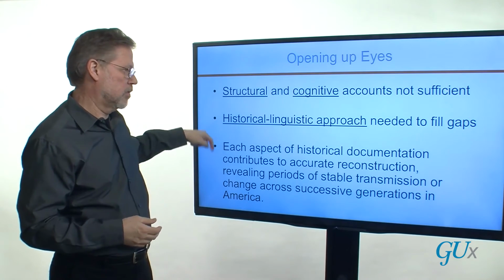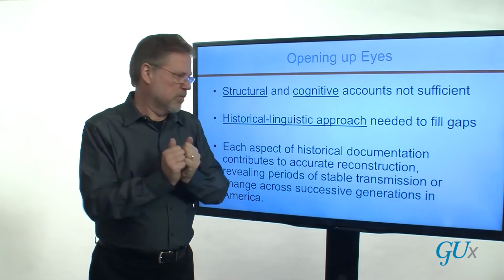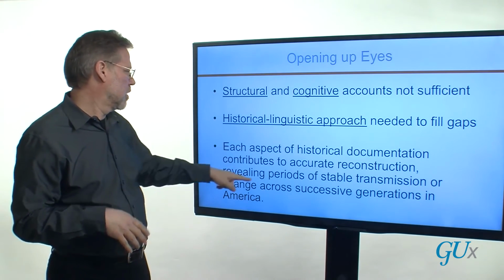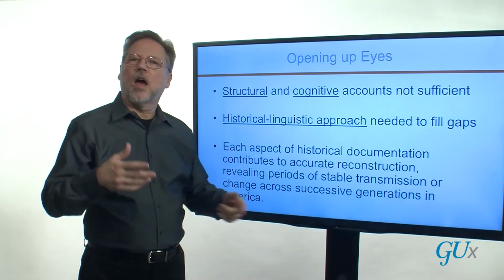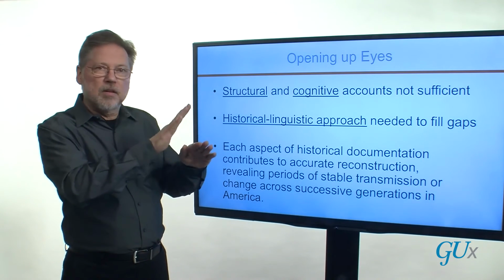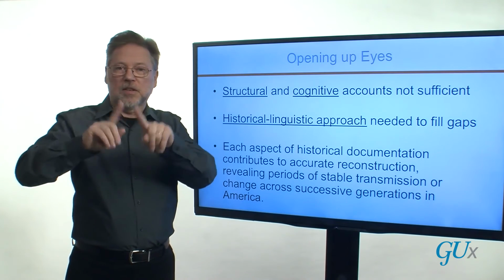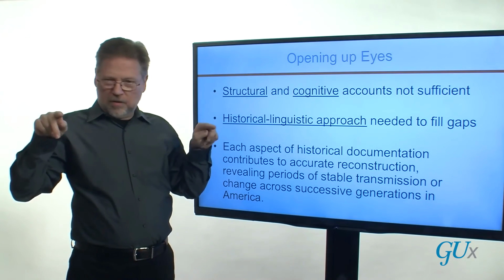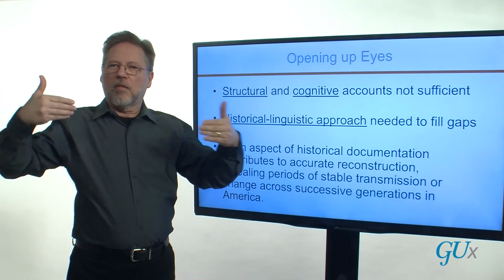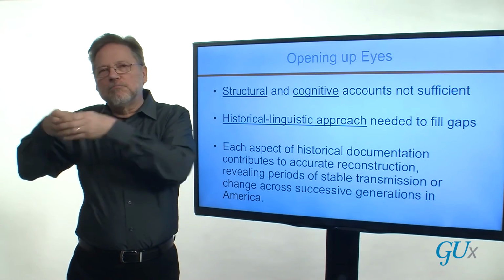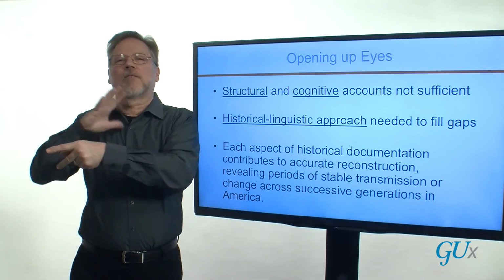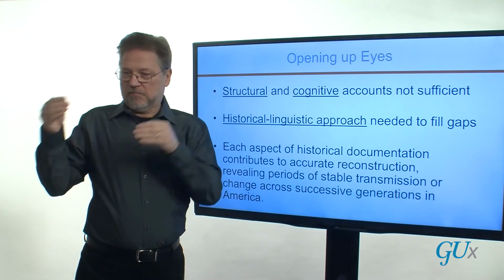That meant that the integration of these approaches would help because each aspect of historical documentation contributes to accurate reconstruction. Now, one community's past could differ from that of another community. Comparing the timelines of different dialects allows us to see when changes occurred in each one, revealing whether one community was more insular.